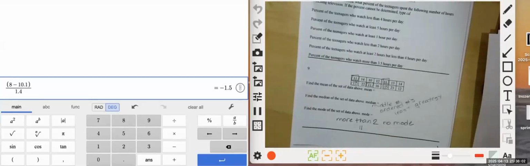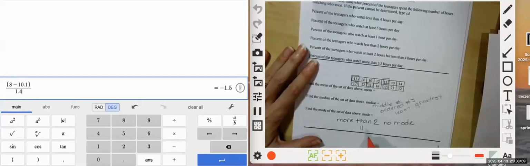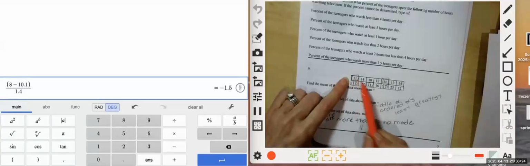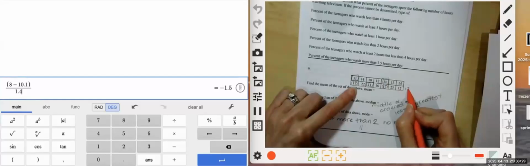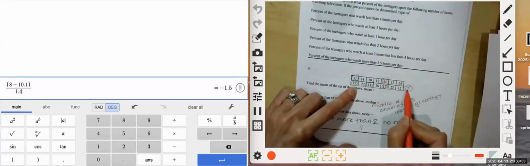I have a question. So you were saying if the mode, if it's more than two, are you saying if there are more than two pairs or two occurrences of the number? If 11 occurs 3 times, and if 17 occurred 3 times, then there would be 2 modes, the 11 and the 17.